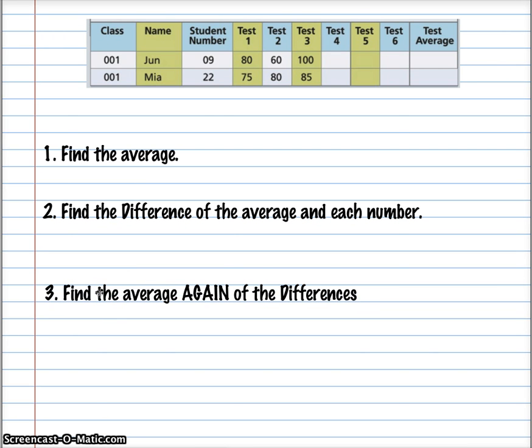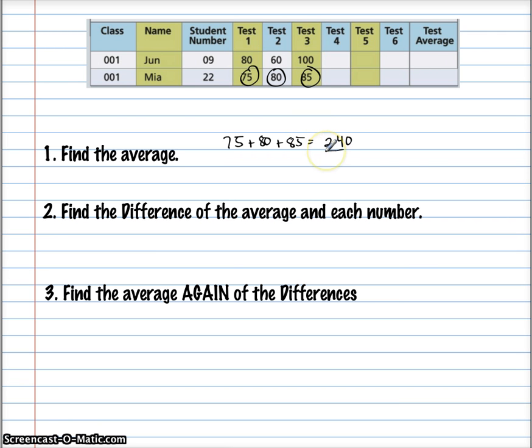Okay, so it says find the average. Here are Mia's numbers. She has 75, 80, and 85. I'm going to find the average by adding them all together. 75 plus 80 plus 85, I get 240.